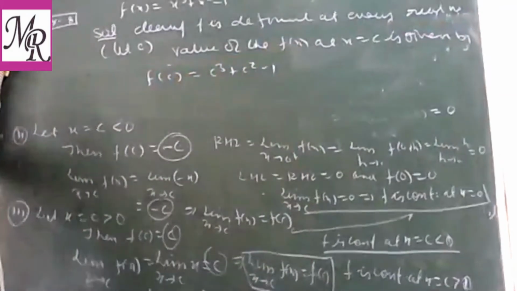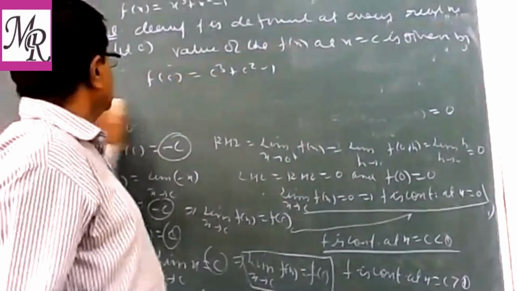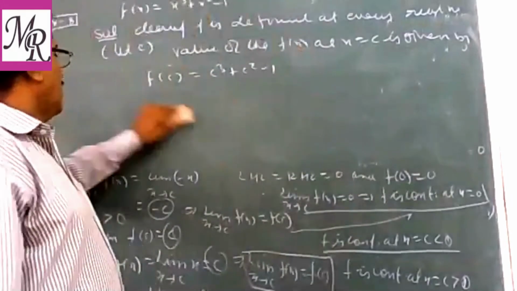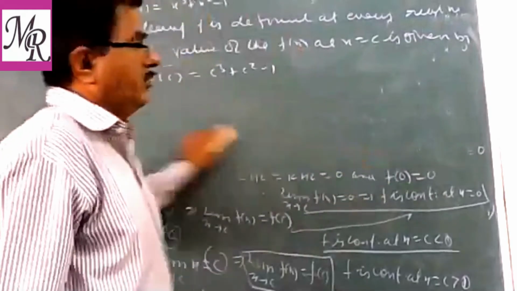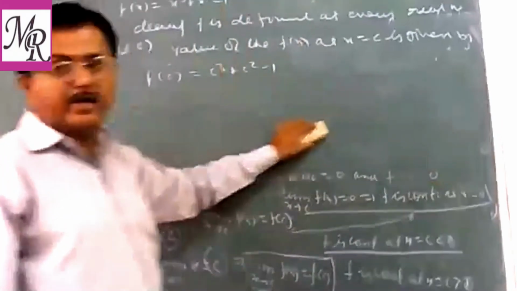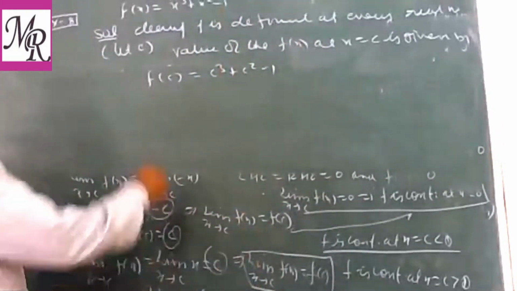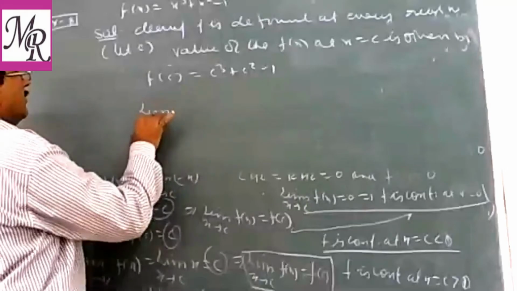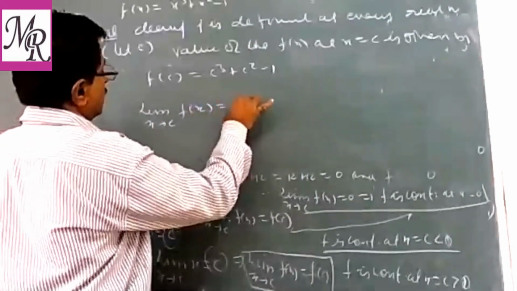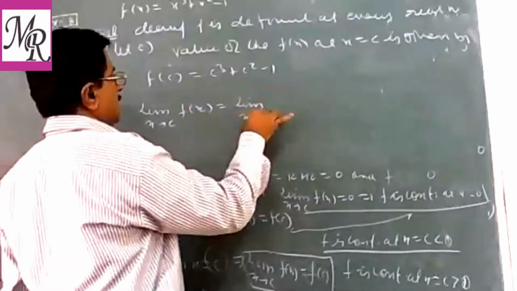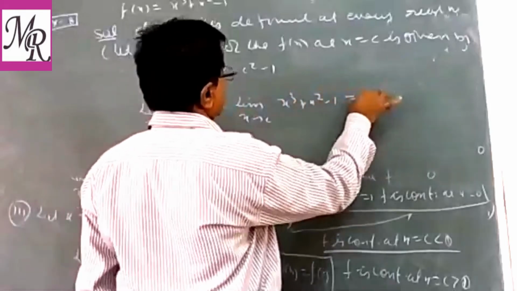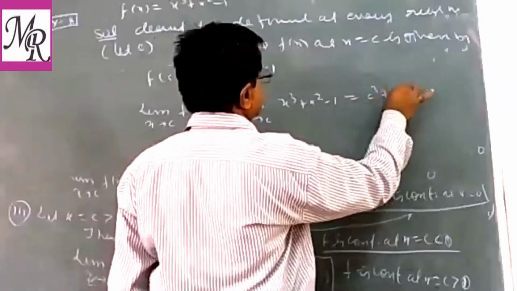In the given function we put x equal to c. Also you find the limit, and already we know how to find the limit of a polynomial function in 11th class. Directly put the value of x equal to c. So limit x tends to c of f(x) equal to limit x tends to c of x power 3 plus x square minus 1, that is c power 3 plus c square minus 1.